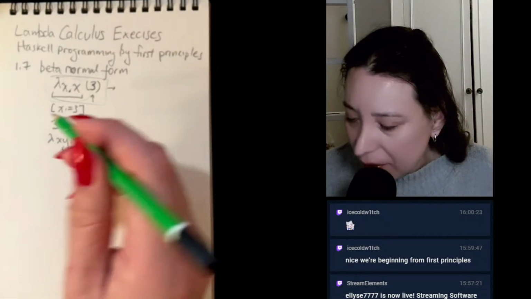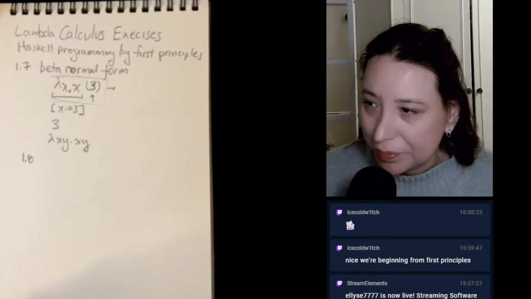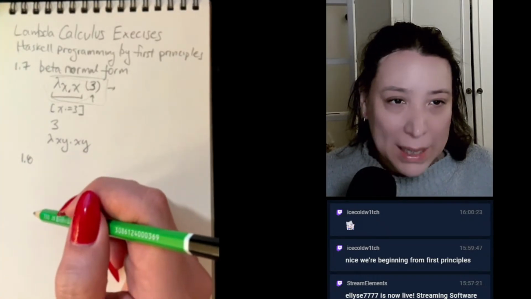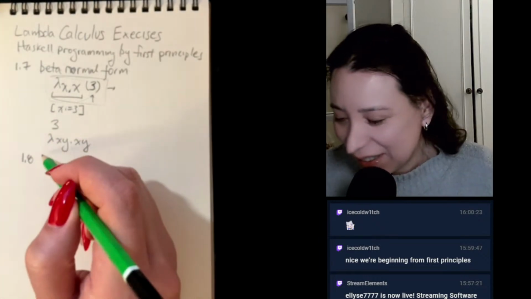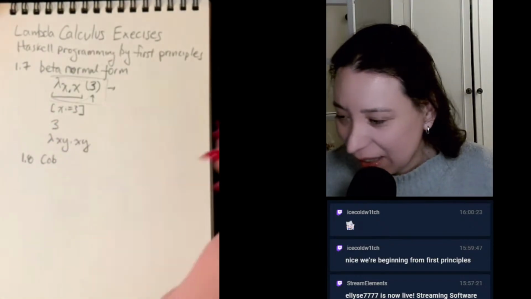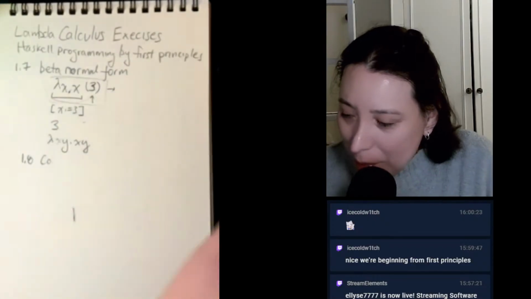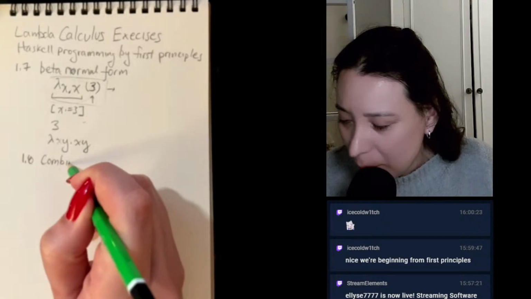All right, the other thing that it talks about in 1.8 is combinators. I think that's how you say it. Oh shit, I am dyslexic. Or my brain just goes faster than what I can write.